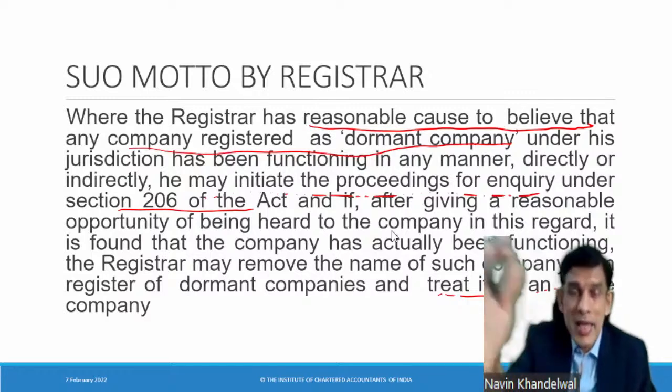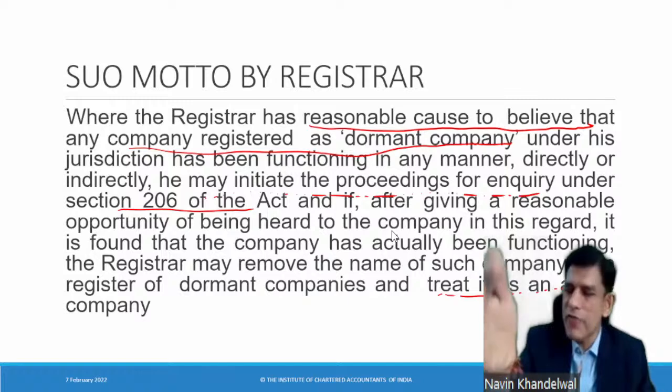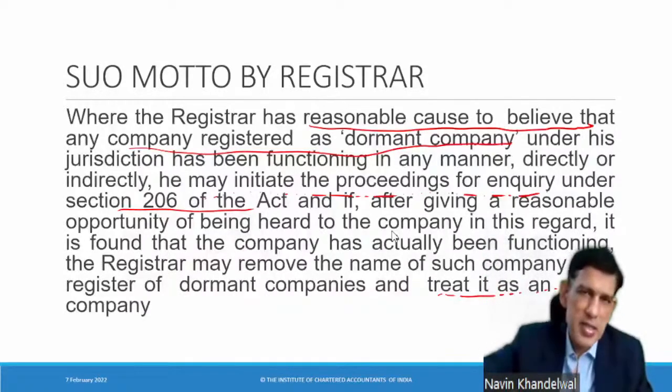The thought that you will save on cost and compliance requirements by being classified as a dormant company, versus the costs which can be imposed upon you if you enter into any transaction, even by ignorance, that could be very heavy or high. So until you are very clear and you closely monitor the process of a dormant company, you should not classify yourself as a dormant company, friends. That is the suggestion.